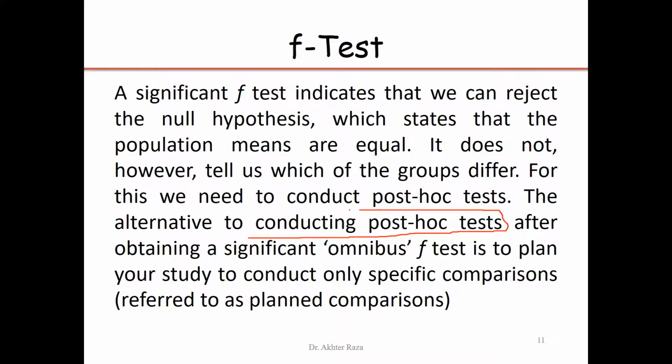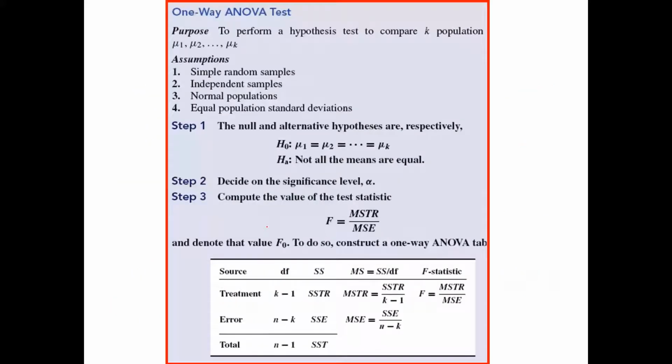The post hoc test will be used if the null hypothesis of ANOVA is rejected. If the null hypothesis of ANOVA is true, and we are saying that all the means are the same, then there is no need to conduct the post hoc analysis. This is the entire procedure of ANOVA.